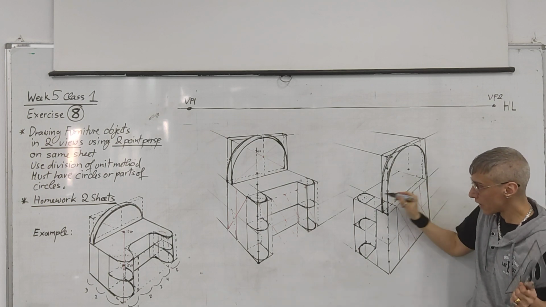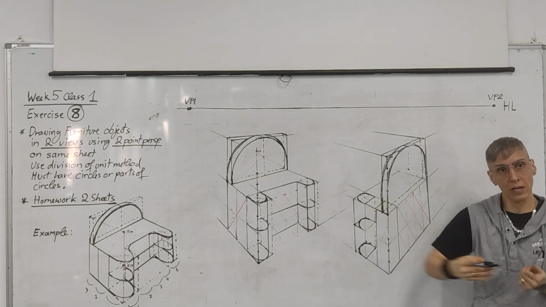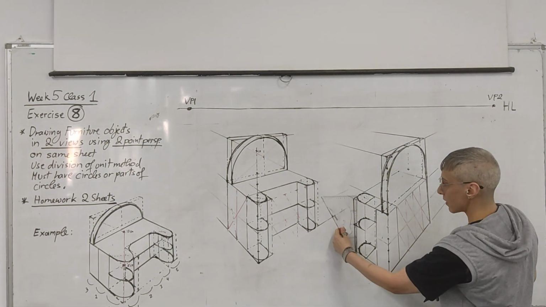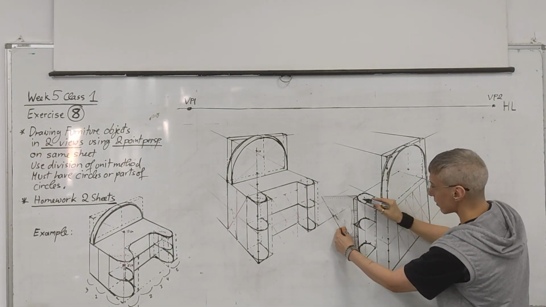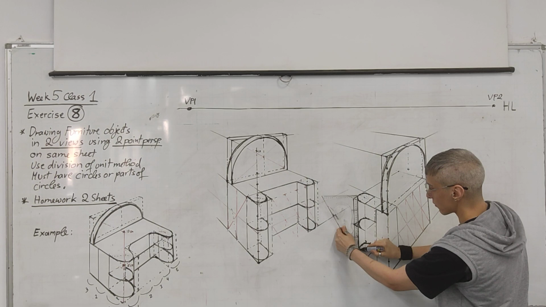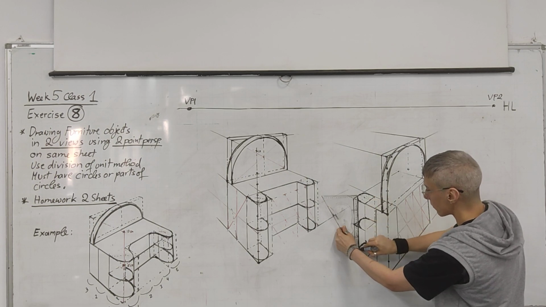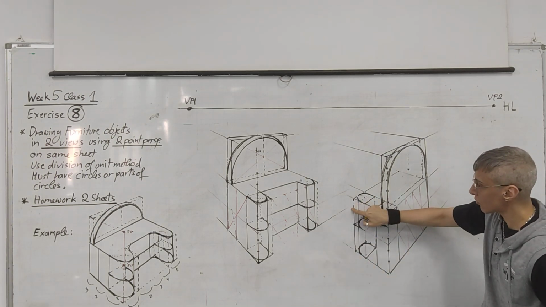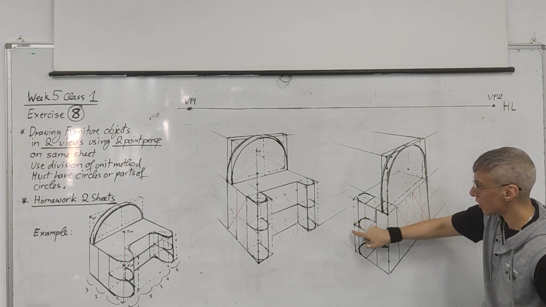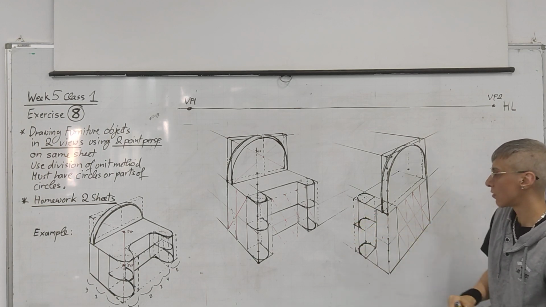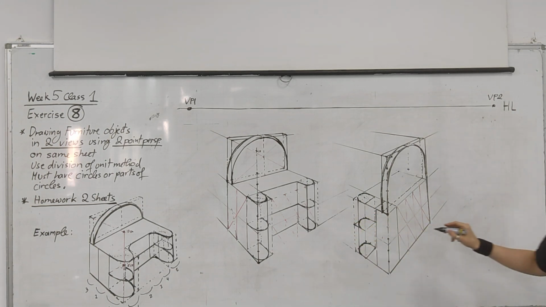Now, what is the next thing? To connect the extreme points of the circles with each other, or the half circles, I would say. Now, this is a construction line of the cuboid, so we don't need it to be very strong.